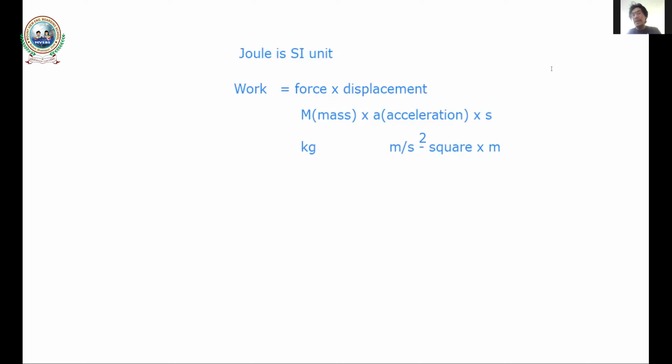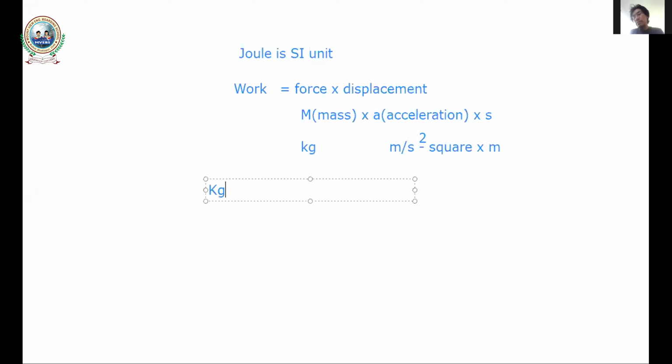Formula of work is force into displacement. And if you can go further in the simplified form, then you have gone there. Force is again broken into mass and acceleration and displacement as it is. Then finally, we replace or put the respective SI units: mass kg, acceleration meter per second square, and then displacement meter. So what we have got, that is kg, meter, and second.